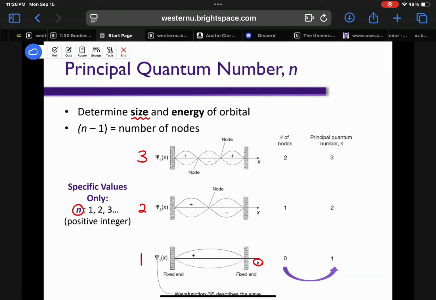If n equals 1, the number of nodes is n minus 1, so the number of nodes is going to be 0. If n equals 2, well, 2 minus 1 is 1. It will have 1 node. So as soon as you know the principal quantum number, you can very quickly calculate the number of nodes. And moving on in today's lecture, we're going to visualize and see what this looks like in three-dimensional space.